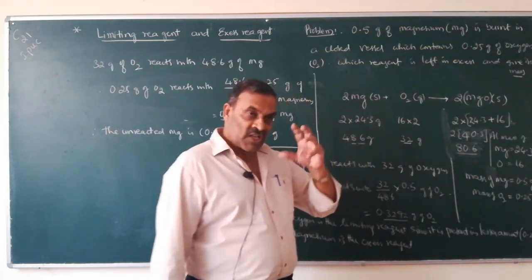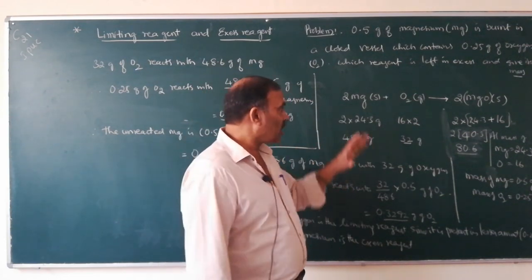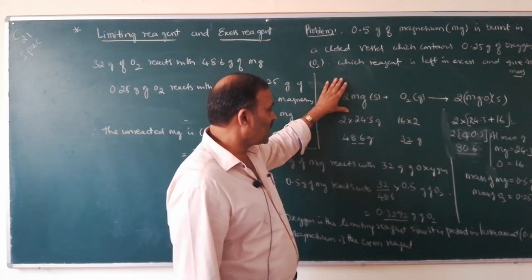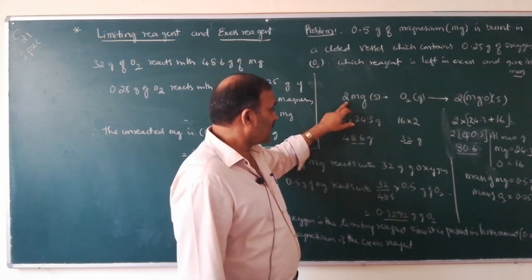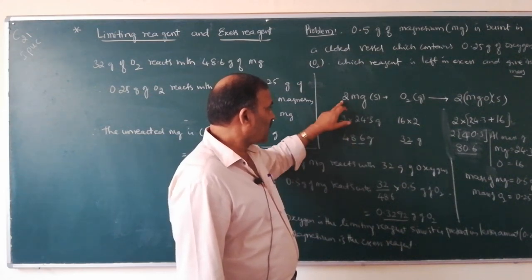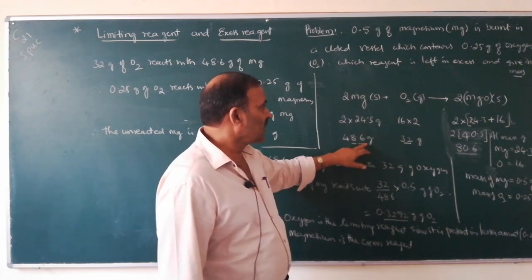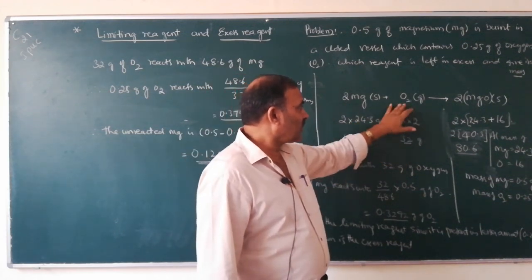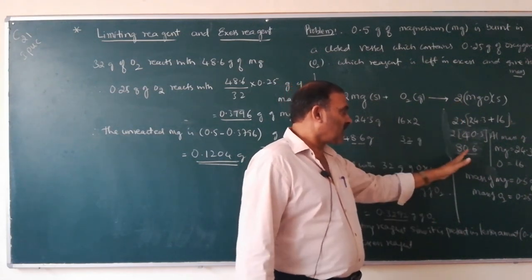Therefore, in stoichiometry, we have to write the balanced chemical equation. According to this equation, 48.6 grams of magnesium reacts with 32 gram of oxygen to give 80.6 grams of magnesium oxide.